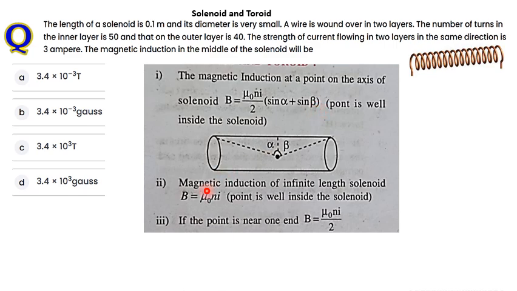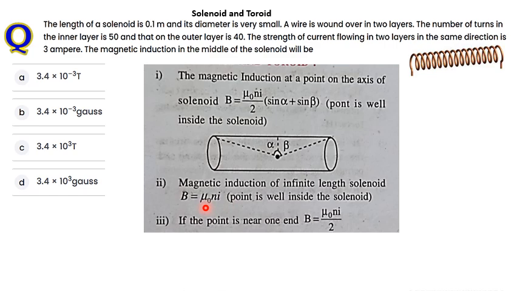And another thing: if the length is infinite, meaning a very long length, alpha and beta will become 90 and 90. So sine 90 is 1, sine 90 is also 1, 1 plus 1 is 2, and the 2 and 2 will be cancelled. So B is equal to only this value.